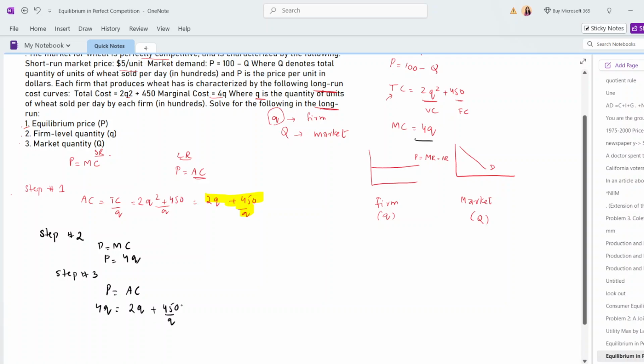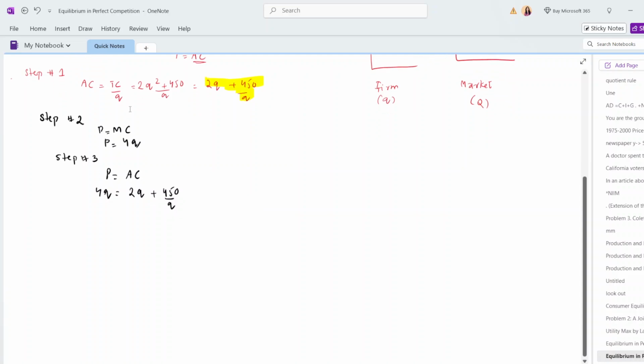Now you have Q throughout this equation. We can simplify it for the value of Q, and from that Q we can find out quantity, price, equilibrium price. So bring that 2Q over to this side. 4Q minus 2Q will be 2Q, and then we have 450 divided by Q. Bring this Q to other side, cross multiply it, you'll get 2Q square equals 450.